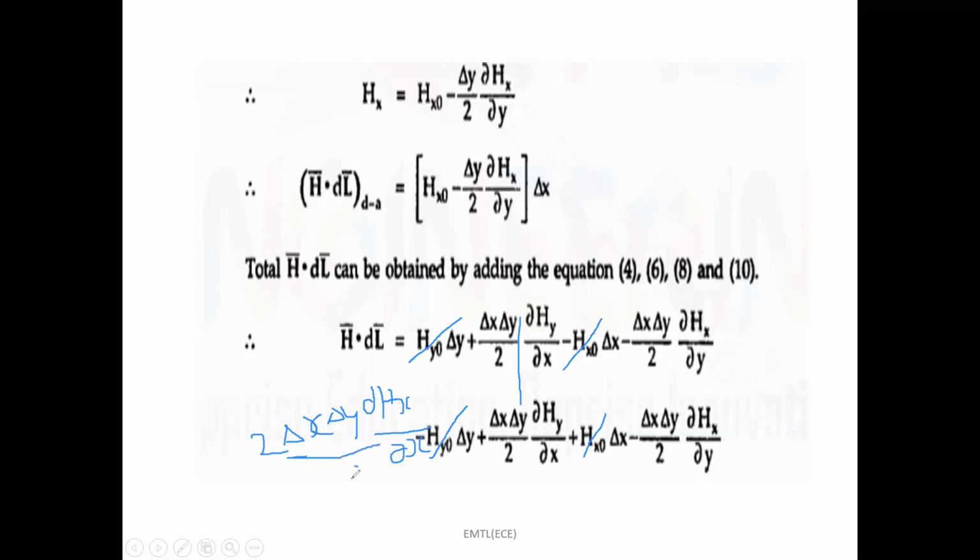Again in the denominator there is a 2, so the 2s are cancelled.